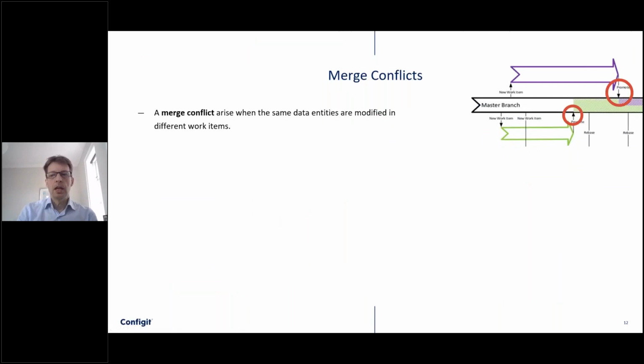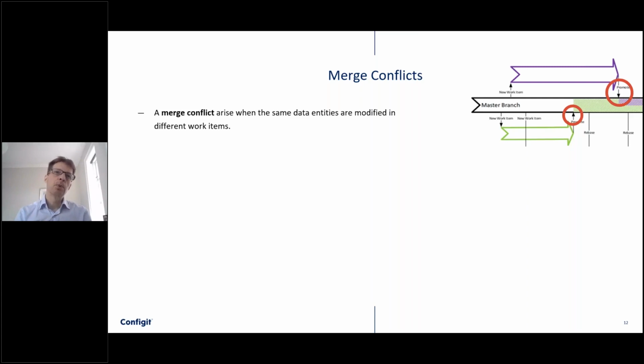So one of the challenges, of course, when you do it this way is that you can run into what we call a merge conflict. So this is basically the situation where there are several work items that have changed the same piece of data. And when that happens, you get into what's called a conflict. And when you do traditional software development, the conflicts are text files, two text files that have changes that you need to resolve.